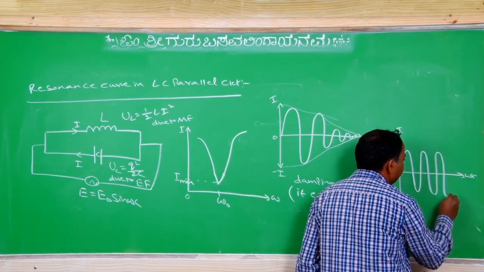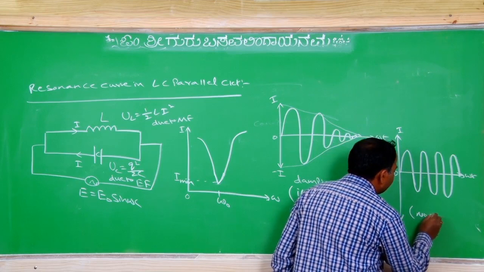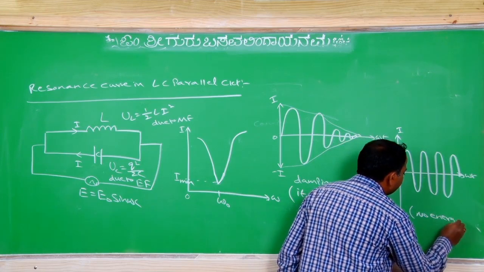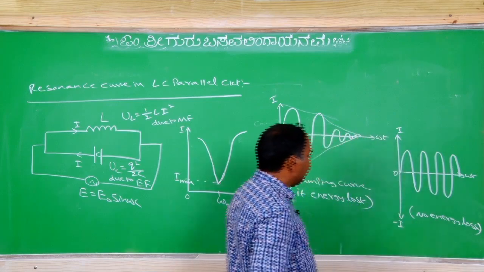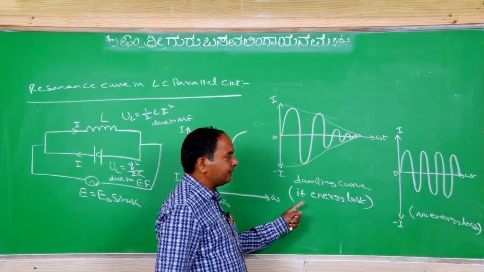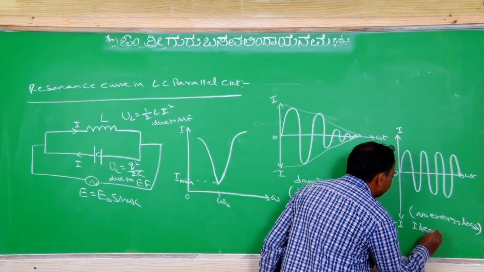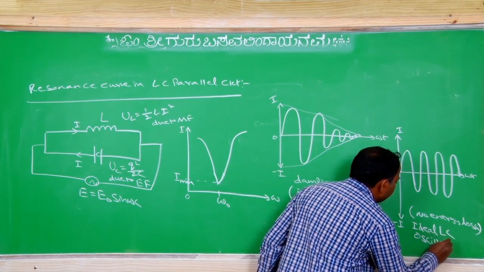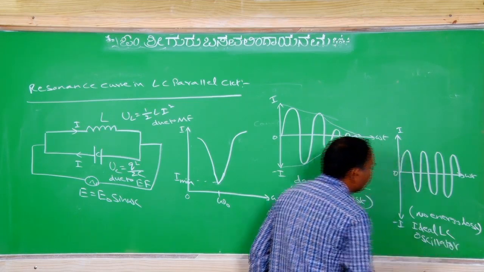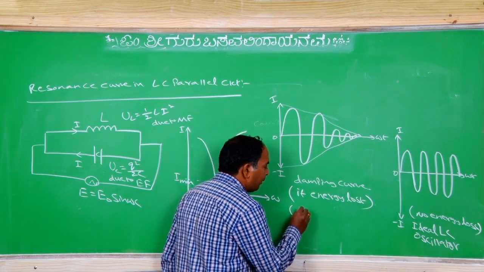Why? Here there is no energy loss. If no energy loss is considered, the curve is like this; if energy loss is considered, like this. Generally for an ideal LC oscillator, the curve is like this.